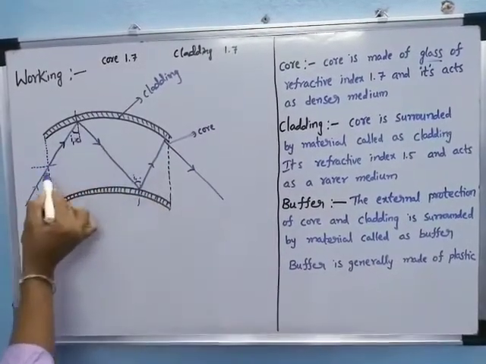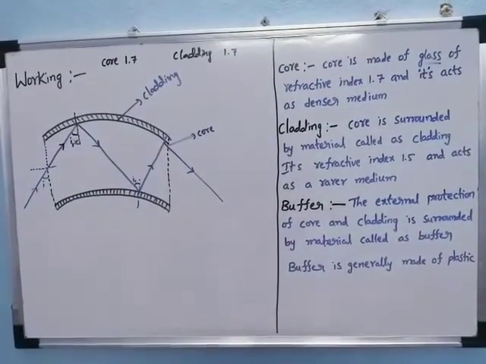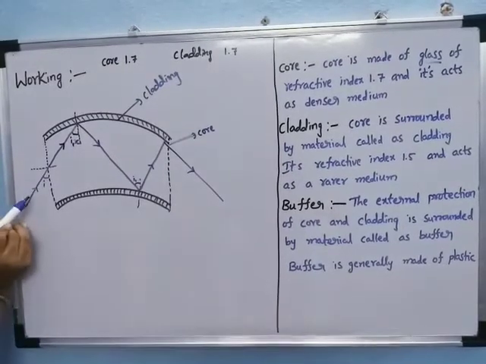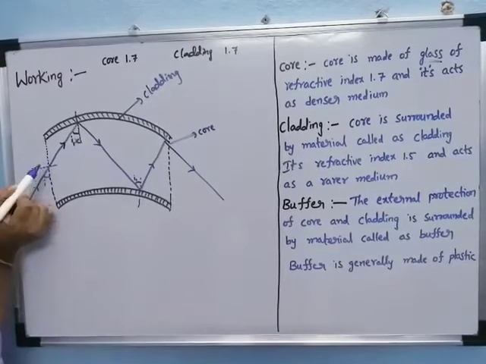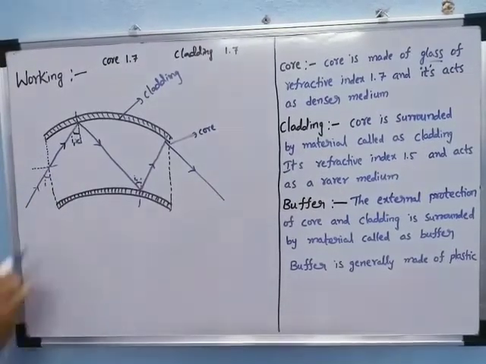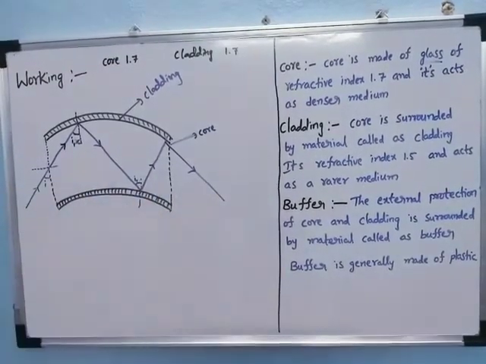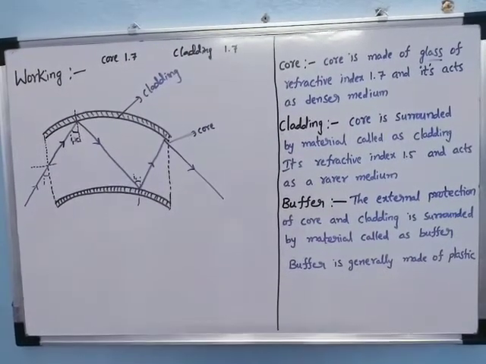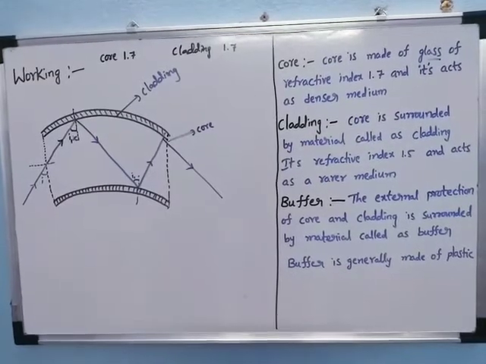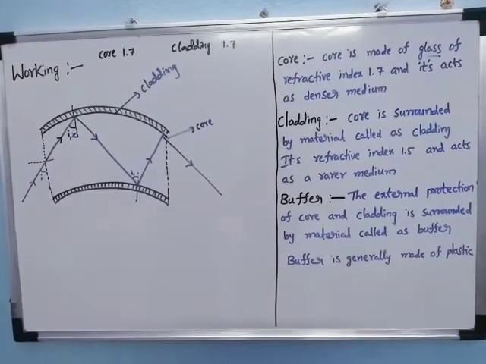Or we can say that if the energy is replaced by a signal, the signal enters the optical fiber and finally comes out of it, and there is no loss of any signal. This is called the working of an optical fiber.